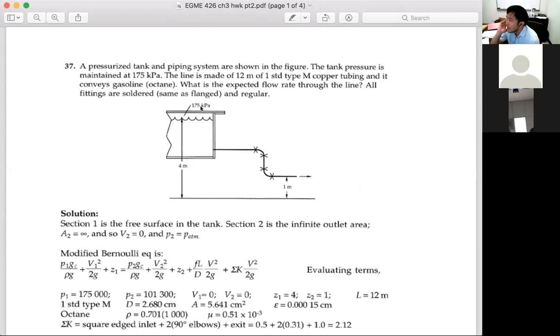The term more used for it is absolute pressure, because we have air around us that's always exerting some pressure on us, and P2 there is the atmospheric pressure. If you think about this in terms of gauge pressure, then P1 would just be the difference between 175,000 minus 101,300, so about 74,000.